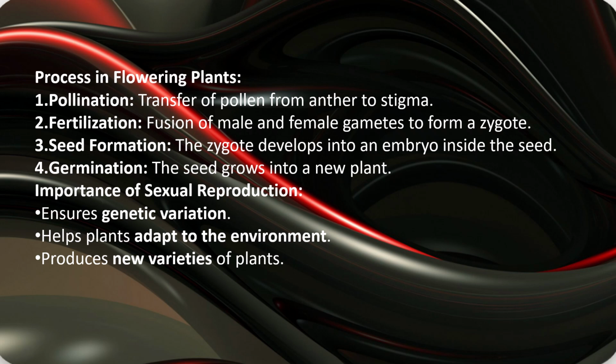Fertilization, fusion of male and female gametes to form a zygote. 3rd. Seed formation. The zygote develops into an embryo inside the seed. 4th. Germination. The seed grows into a new plant. Importance of sexual reproduction: ensures genetic variation, helps plants adapt to the environment, produces new varieties of plants.